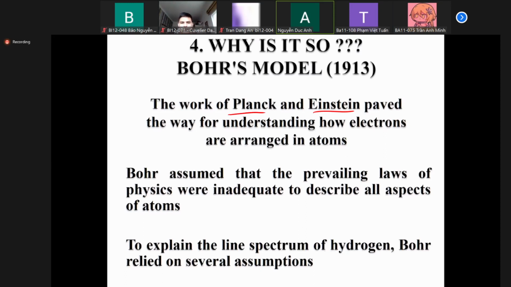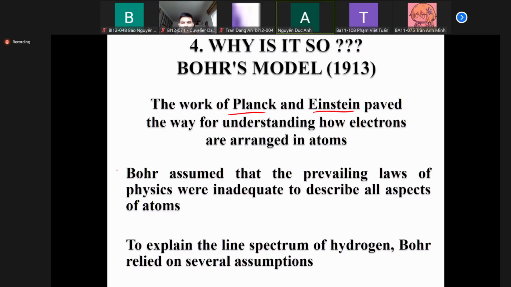But for the last phenomenon, the spectral line of hydrogen, or the atomic emission spectrum, there is still a little bit of confusion between the quantum theories, starting with Planck and Einstein, and Bohr, and the Bohr model of the atom.